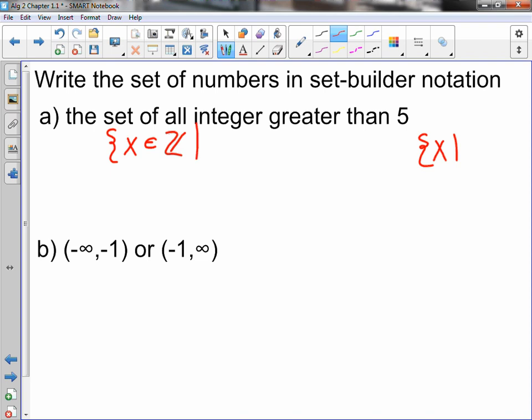such that what? X is greater than 5. That's it.